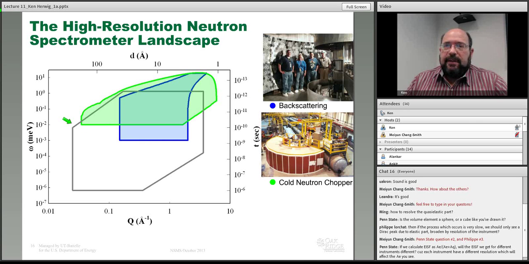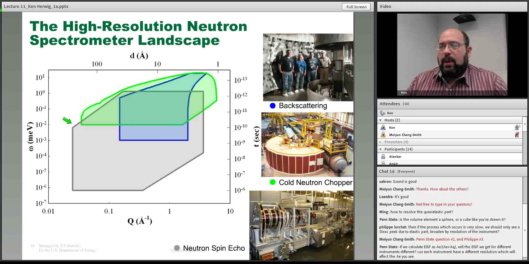And then we have neutron spin echo, which uses a different way to encode neutron energy transfers, and on this particular phase space map, they dominate because they are able to probe much slower motions at much larger length scales.